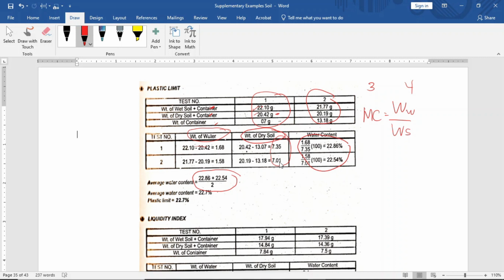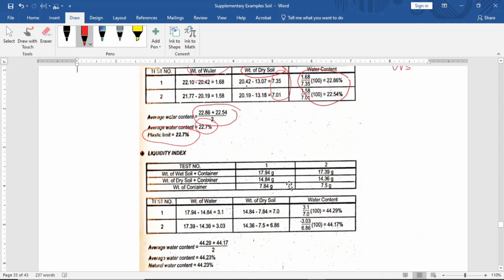So, 22.86, test 1 yan ng water content, plus 22.54, test 2 na water content, all over 2. Ang average water content natin is 22.7. Kung ano yung average water content natin, yun na rin yung plastic limit natin. So, nakuha na natin yung plastic limit natin.